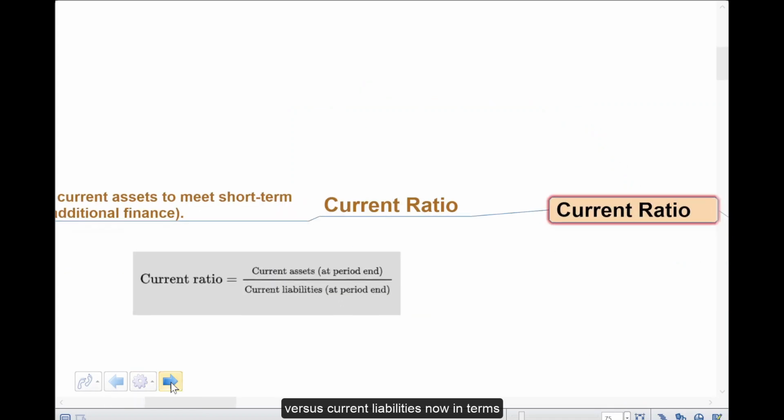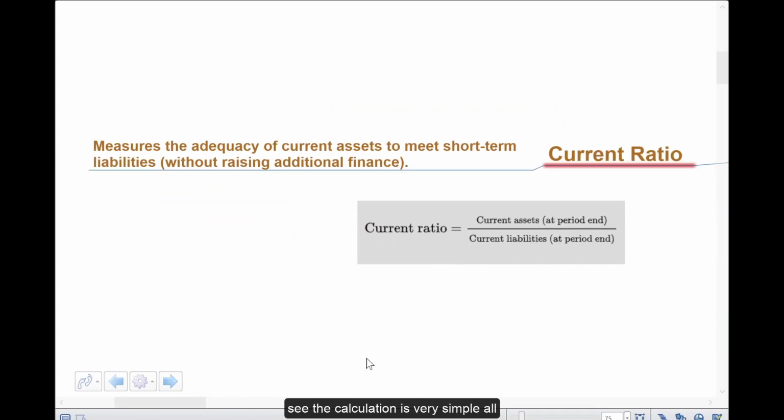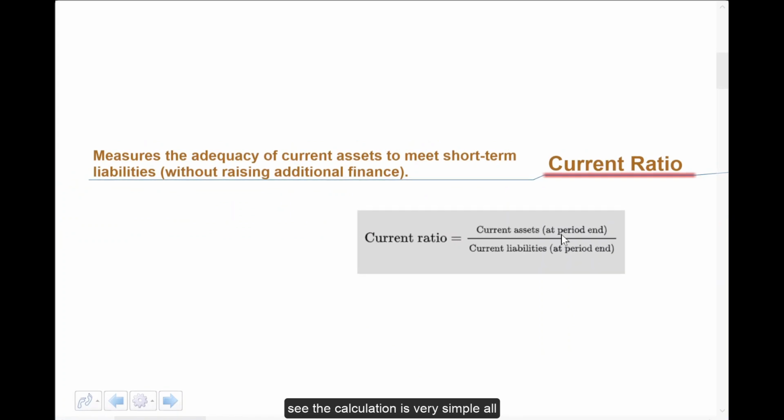Now, in terms of the current ratio, the first one, the calculation is very simple: all current assets divided by all current liabilities at a period end, normally a year. And as I've said before, we're talking about the ability to meet short-term liabilities without having to go to, let's say, long-term liabilities. So very, very important to us.